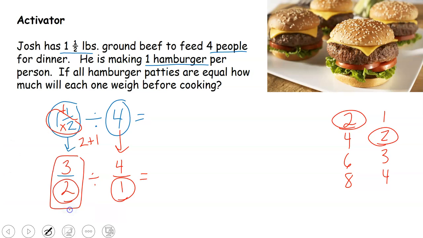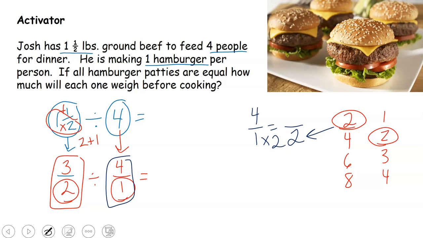And I'm going to change 4 over 1 so that it has a denominator of 2. So I write 4 over 1, then I write my new fraction with the new denominator, the denominator of 2, and then I think about what do I multiply 1 by to get to 2? Well, that would be 2.